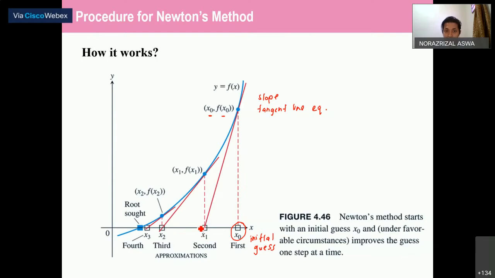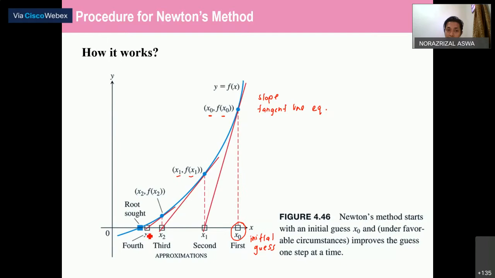In the previous figure we had xn plus 1, but now, because the first one is labeled x naught, we label this one x1, and then we repeat the procedure again. We have x1, then we find f(x1), then we find this particular point on the curve, and then we construct the tangent line equation again, and then we find the next one.